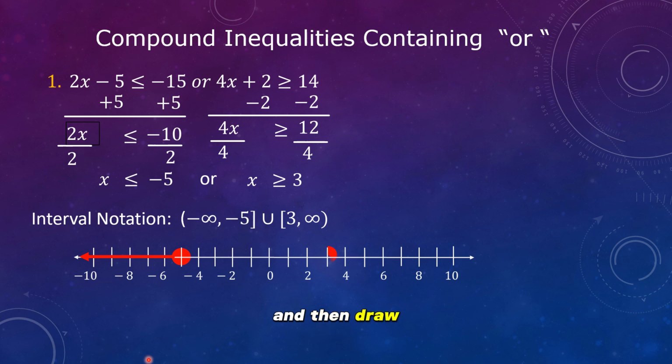And then draw a closed circle at 3 to indicate that 3 is also a value of x, and then shade this part of the number line to the right of 3 going to positive infinity.